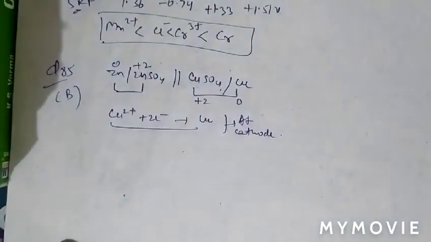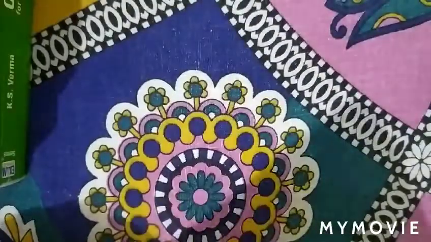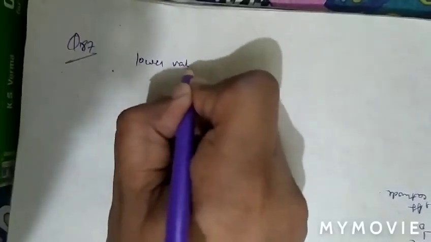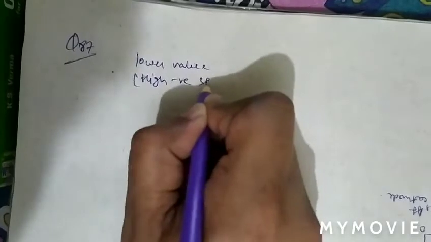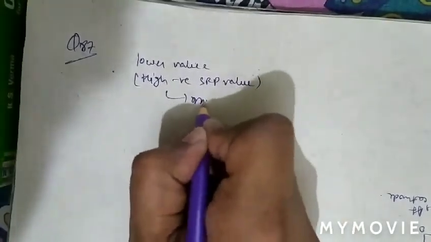See question number 87. In question number 87, E0 values are given. Which of the following is the strongest reducing agent? As we know that a lower value, meaning a high negative SRP value, the standard reduction potential, means more reducing power.